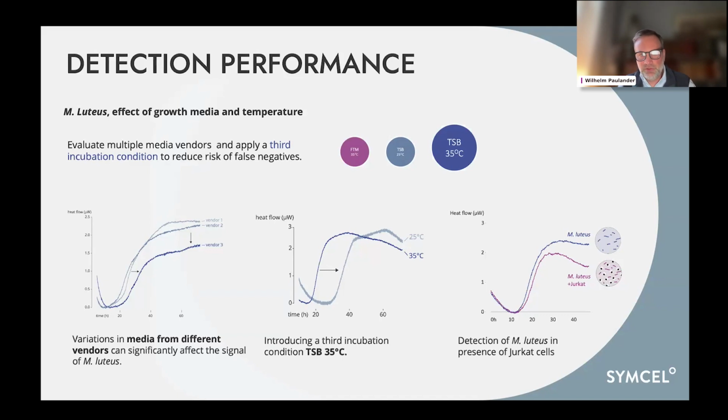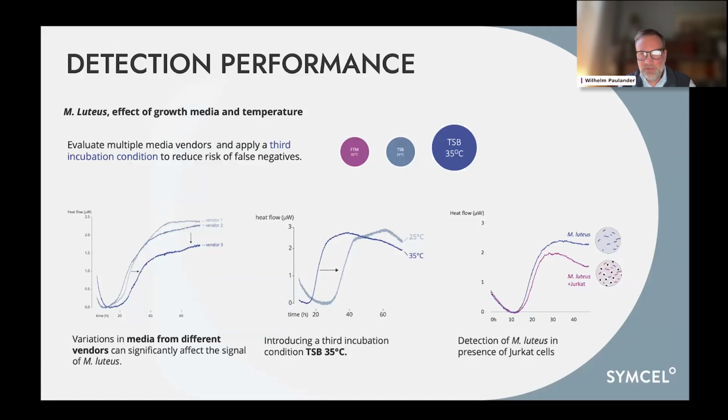That means that we have had to optimize quite a bit in order to increase the performance of the system. That was one of the reasons why we added a third vial in TSB, in order to optimize the growth capacity and the metabolic capacity of organisms such as Micrococcus luteus.